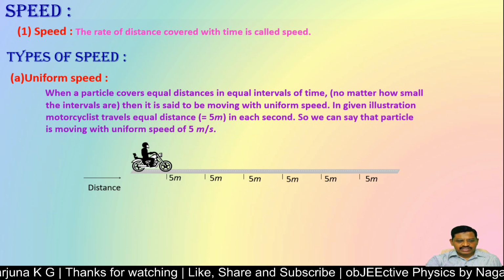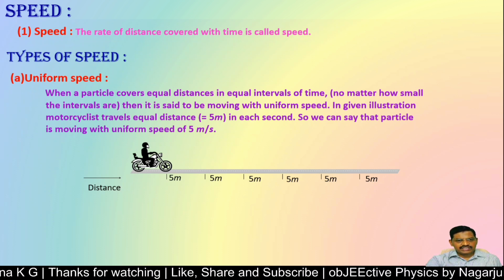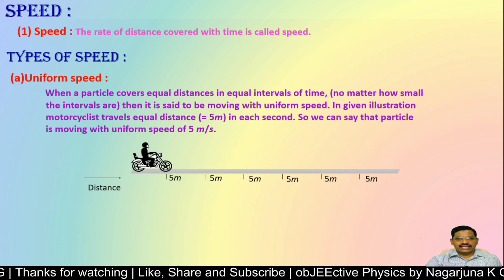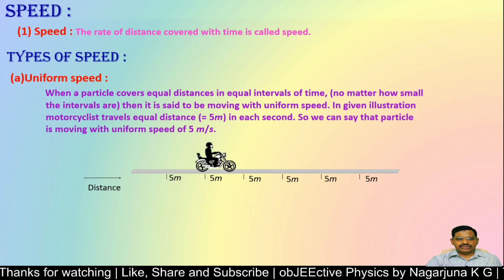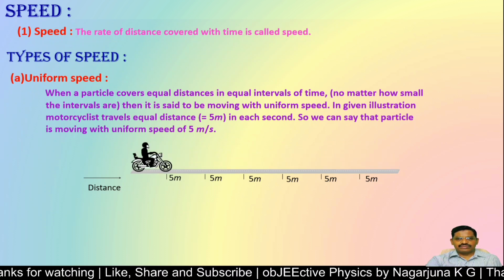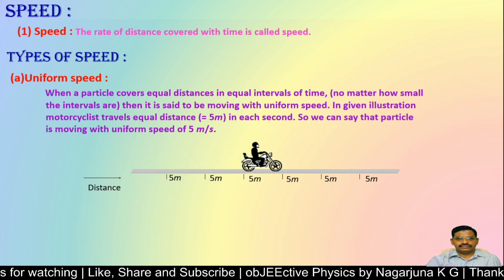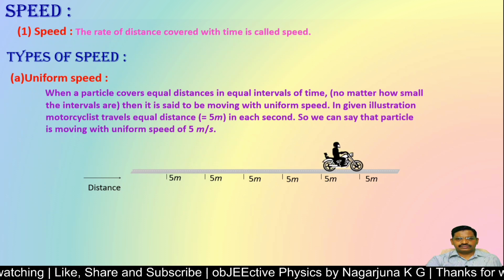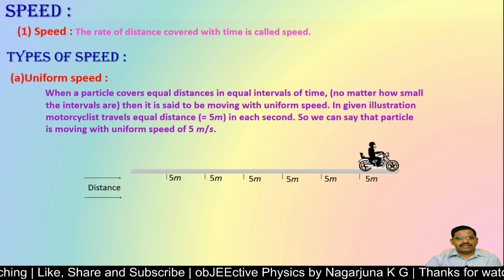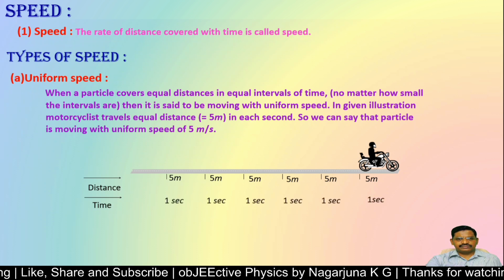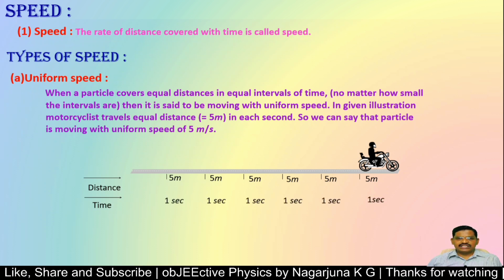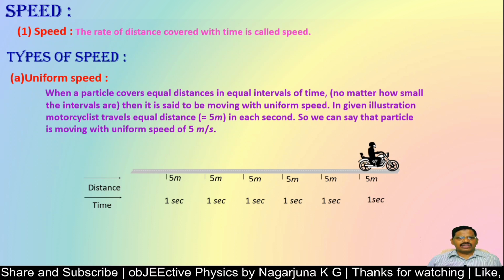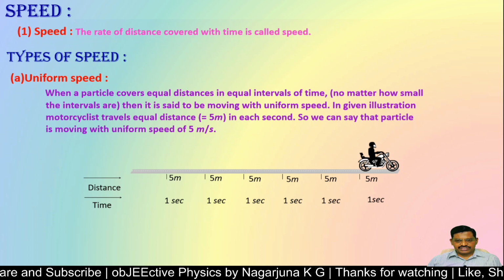Observe the motorcyclist. Now the motorcyclist is moving with uniform speed. See the time taken to travel each 5 meters is 1 second. That is, in every 1 second the motorcyclist travels 5 meters distance.